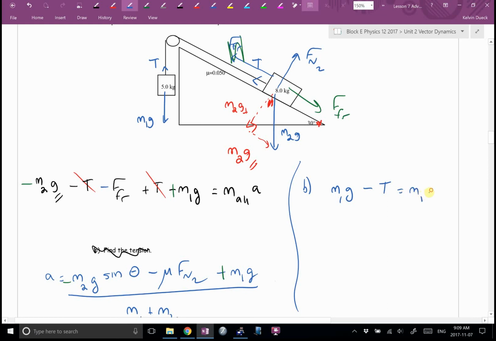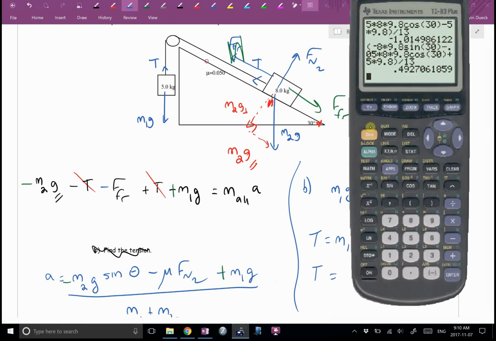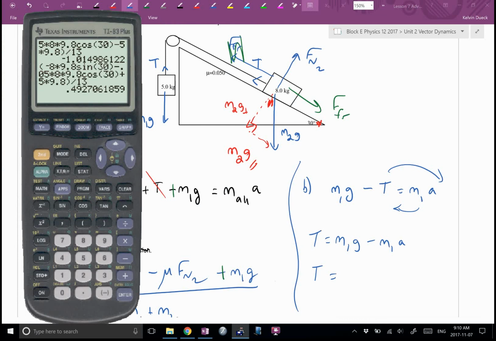Equals M1A. Do the swappy dance. We're going to get tension equals M1G minus M1A. M1, 5 times 9.8 minus 5 times answer button. And it looks like the tension is 46.5.